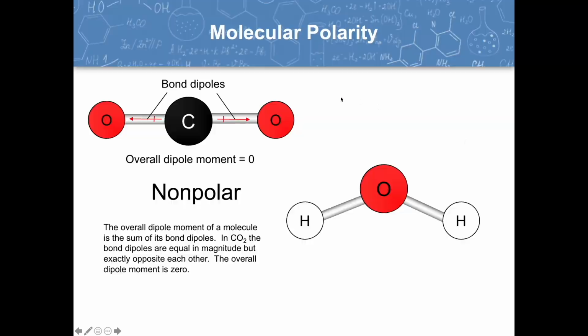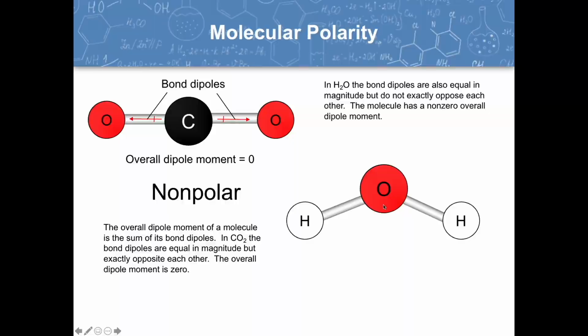In another example here, we have water, which has polar bonds as well, but unlike carbon dioxide, it is classified as a polar molecule. How? Water has two polar bonds, and in each oxygen and hydrogen bond, the electron density is pulled from hydrogen with an EN value of 2.1 towards oxygen with an EN value of 3.5.